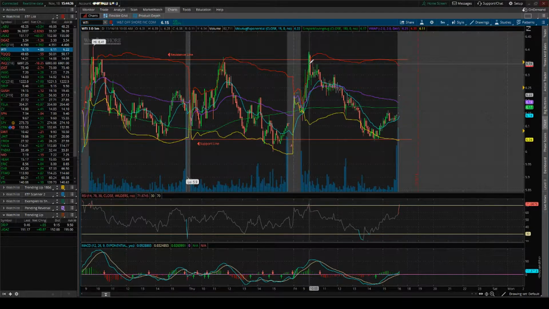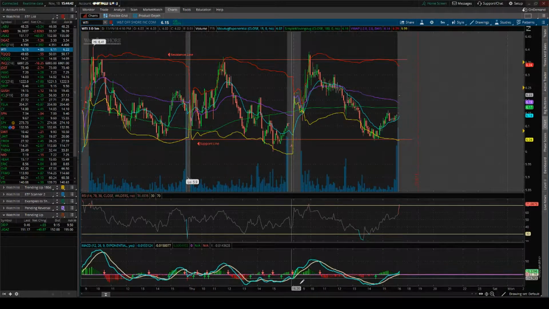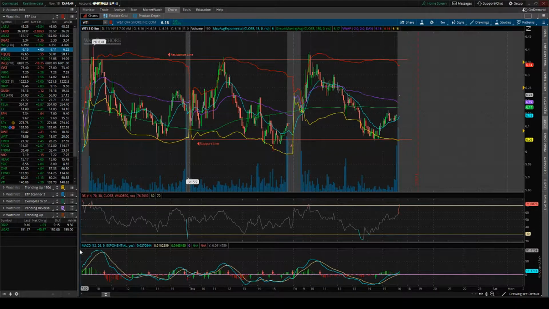It's overbought, and that's saying, hey, now's probably a good time to sell. Okay, and the MACD indicator, when you see these little bars, whenever the bars are green and they're above this 0 line, the purple line, that means that the stock is increasing.